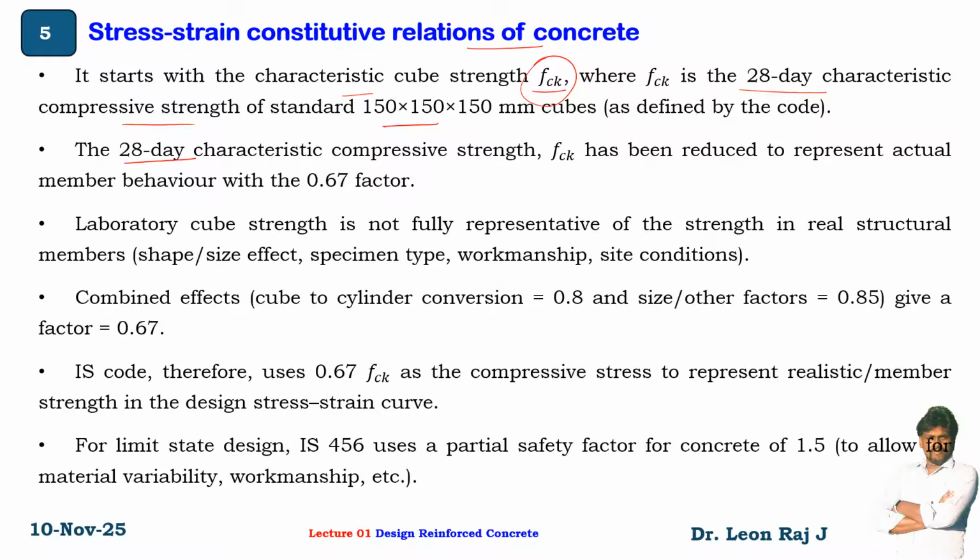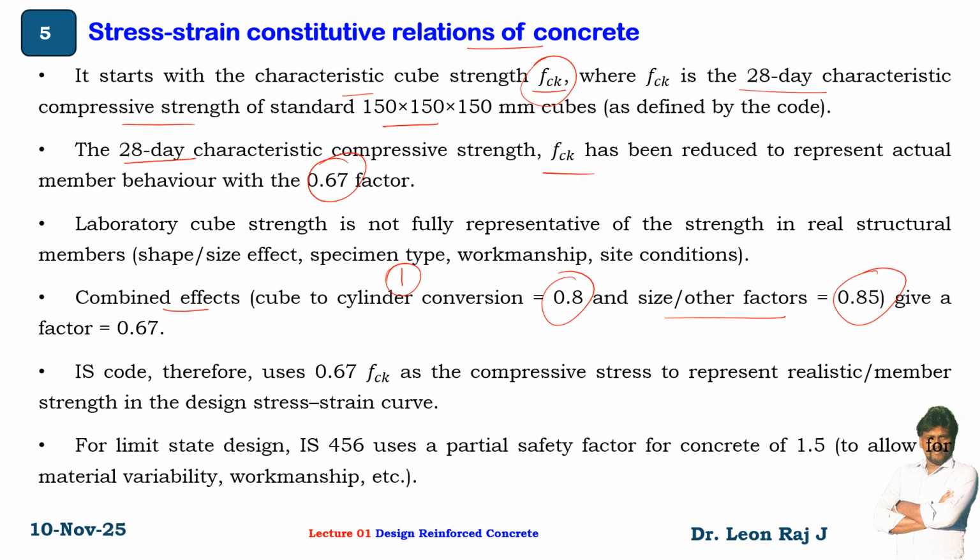The 28 days characteristic compressive strength FCK is reduced to 0.67. How is it reduced? Due to the combined effects. The first effect is cube to cylinder conversion, that is 0.8, and the size factor, that is 0.85.